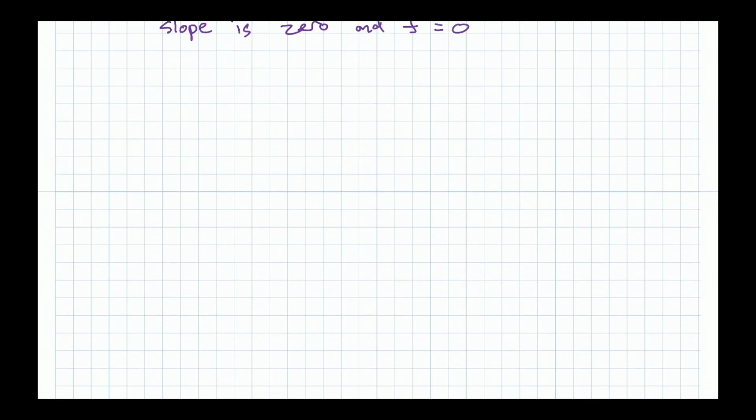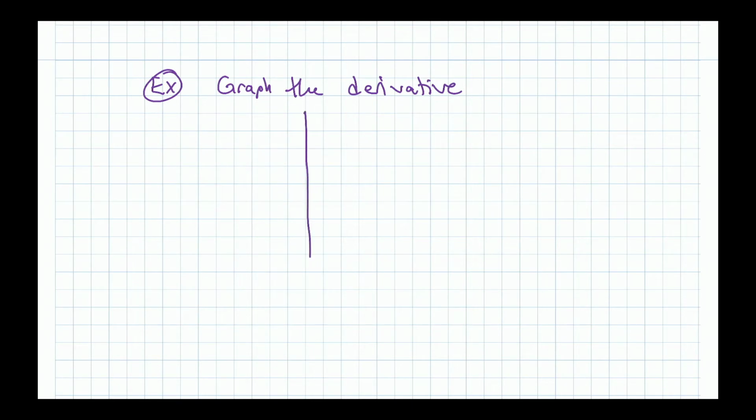I'll show you an example. It's kind of one of these weird problems where actually having more stuff going on the graph makes it easier to do the problem instead of worse. So I'm going to graph the derivative. Now you don't actually have to graph any derivatives in the homework for this section.